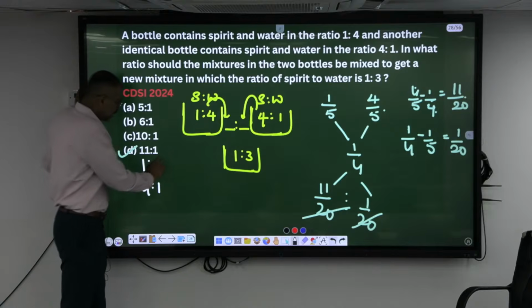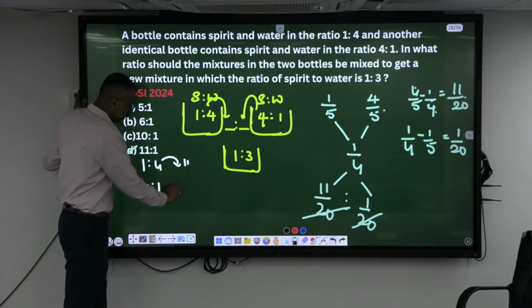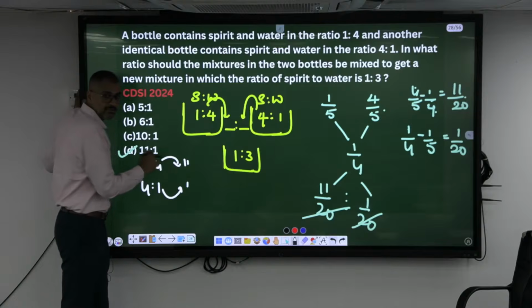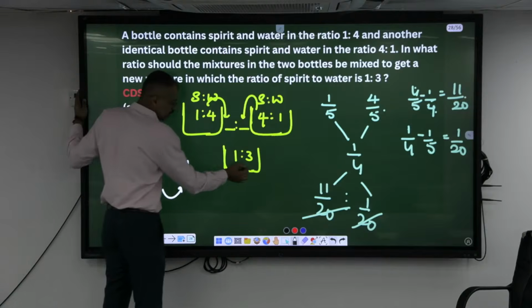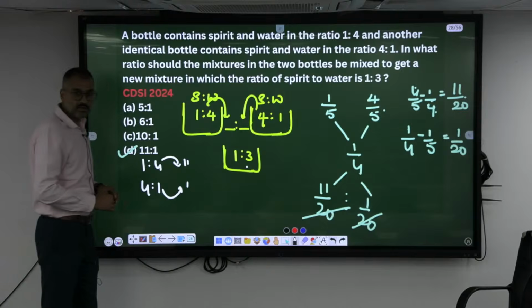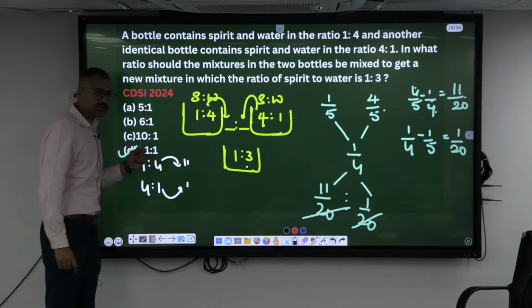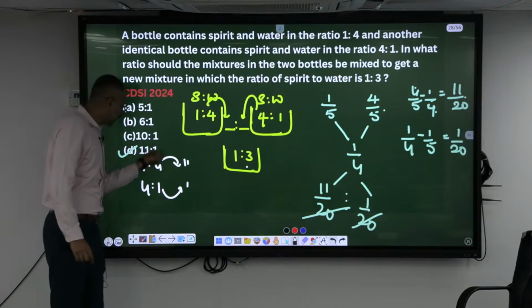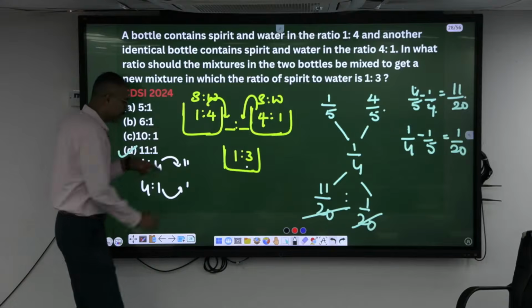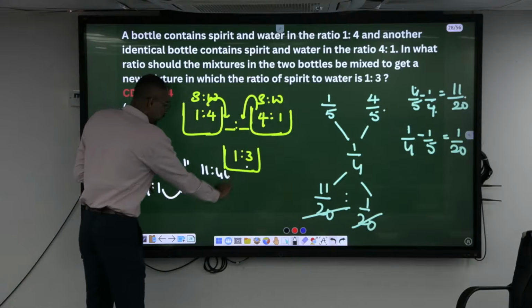Okay, sir, you are taking 11 parts from here and 1 part from here, mixing these two, and we are producing a solution of ratio 1:3, right? Okay, if you take 11 parts, what happens to the ratio here? If you take out 1 part, that is 1:4. If you take 11 parts, this becomes 11:44.